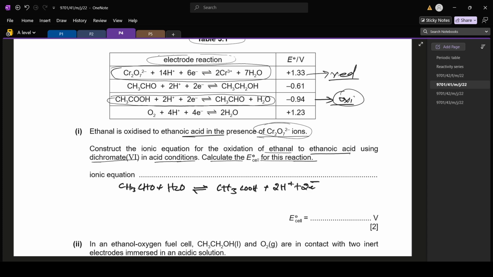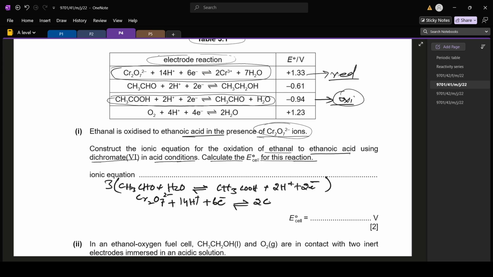Then we have dichromate plus 14H+ plus 6 electrons. Here we will multiply by 3 to balance the electrons, since in the ionic equation we have to cancel out the electrons.